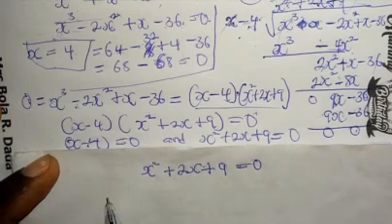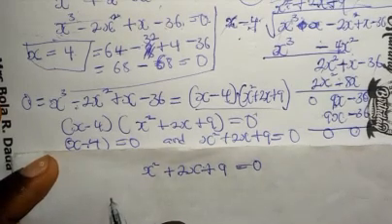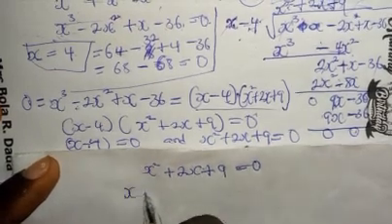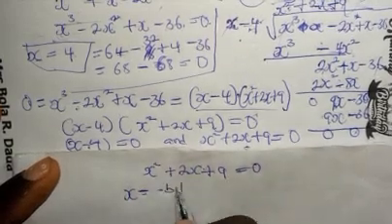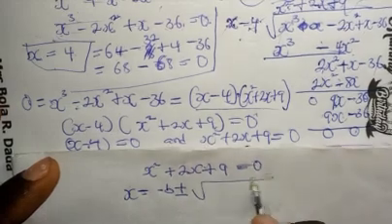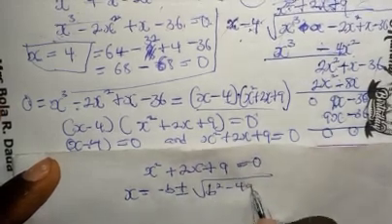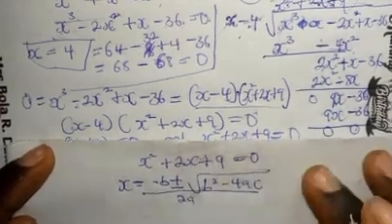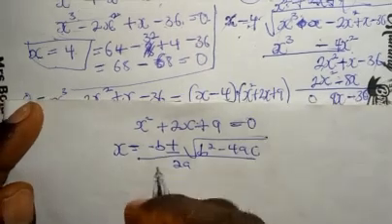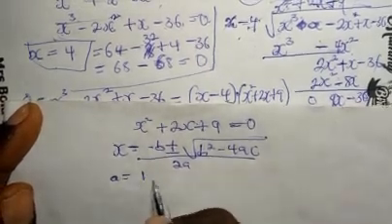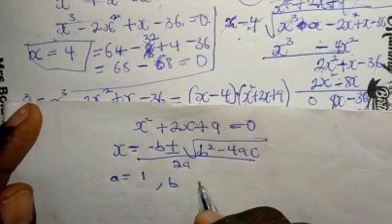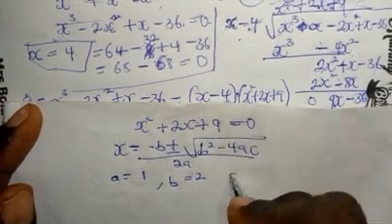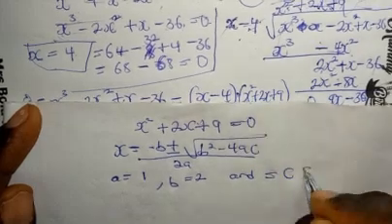We'll be using the factorization formula, which is x is equal to minus b plus or minus root b squared minus 4ac, over 2a. From the equation, we know that a is equal to 1, b is equal to 2, and c is equal to 9.